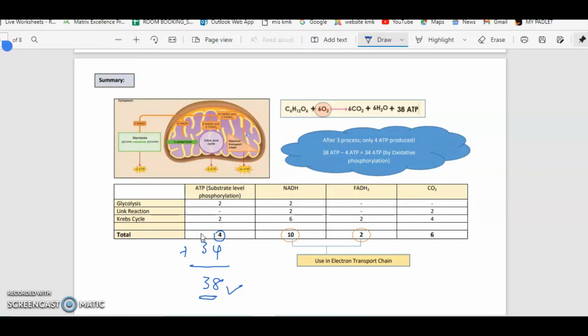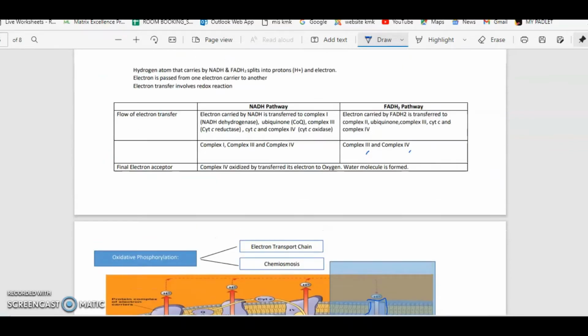Remember, not every cell will produce 38 ATP from one molecule of glucose. Tak. Ada sel yang akan hasilkan 36, ada sel yang akan hasilkan 38. But for active cells like muscle cell and liver cell, mereka akan hasilkan 38 ATP daripada one molecule of glucose.